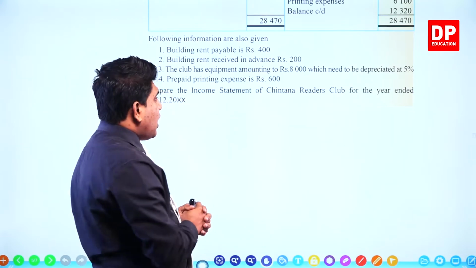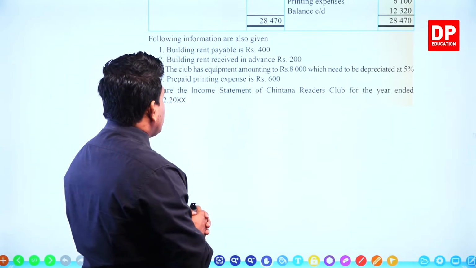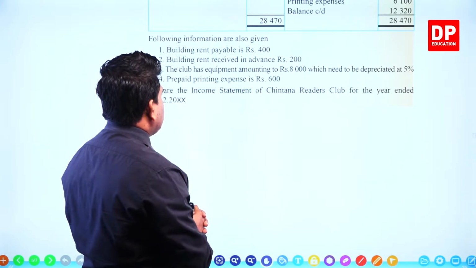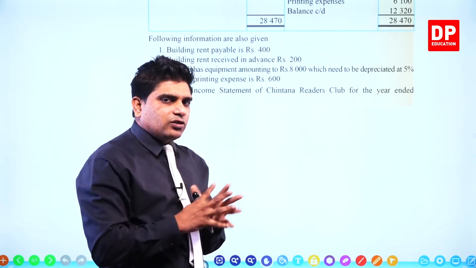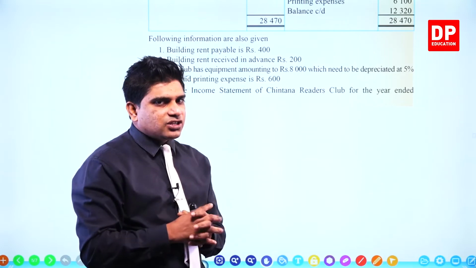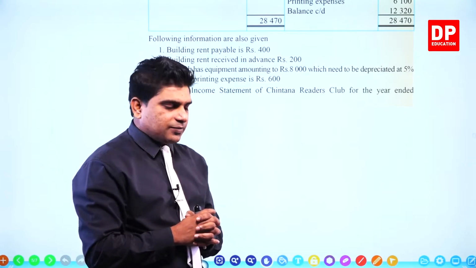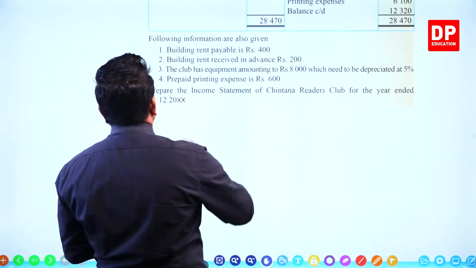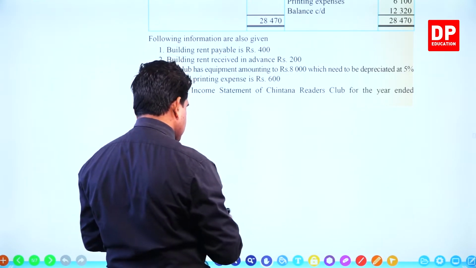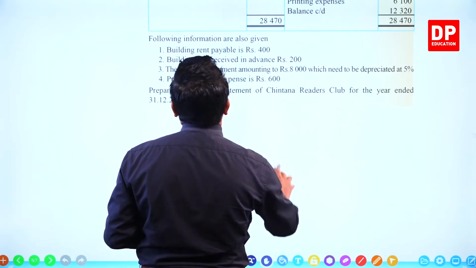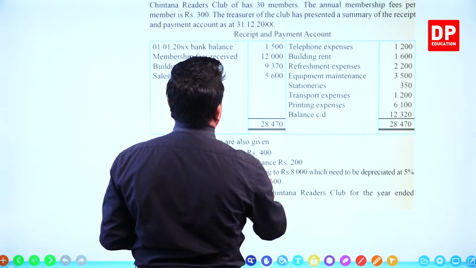Right. Now, we can calculate some details to take to the income statement using the additional information. Building rent payable, how much? 400 rupees. Building rent payable means expense.